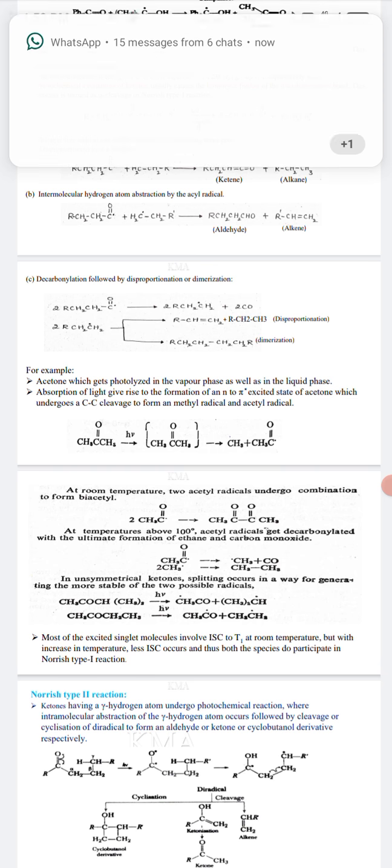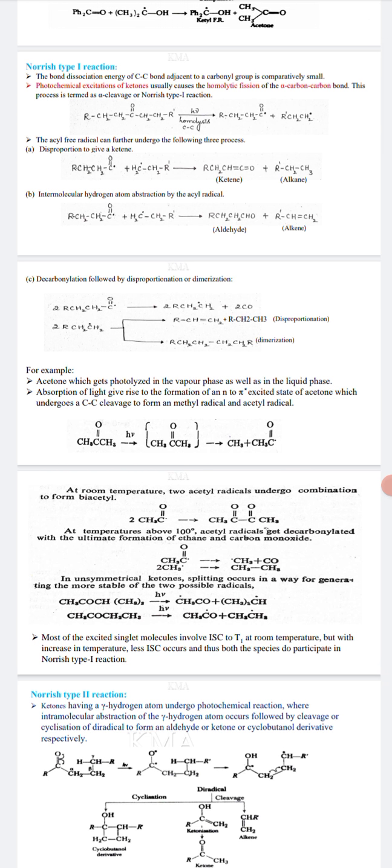As you can see here, first it forms an RCH2CH2 radical by the removal of carbonyl. This radical which has formed undergoes disproportionation and gives an alkene and alkane. In case of dimerization, it forms a dimer, RCH2CH2-CH2CH2R. These are the three ways the radicals which are formed react.